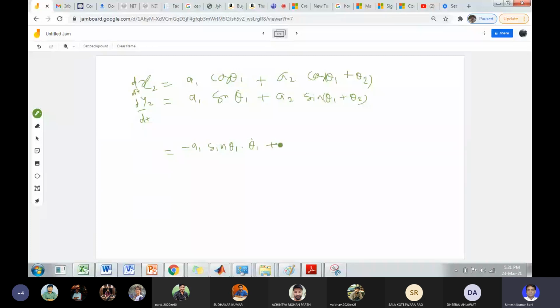Now you take the derivative of this term, then you again have a2 sin of theta 1 plus theta 2, and you have derivatives of both.